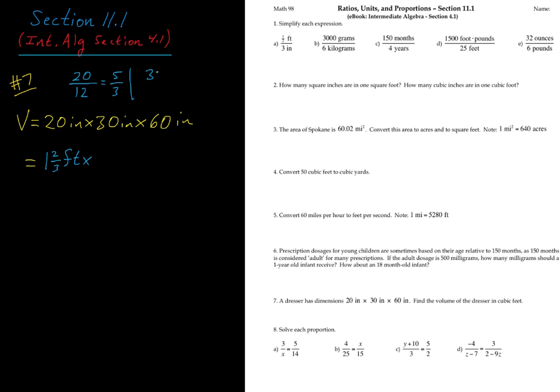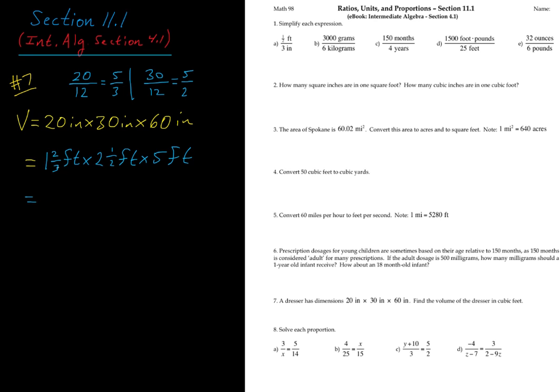How about 30? This would be 30/12, right? Which is the same thing here, dividing by 6. This would be 5/2, or in other words, 2.5. And then here, 60 inches is 5 feet.